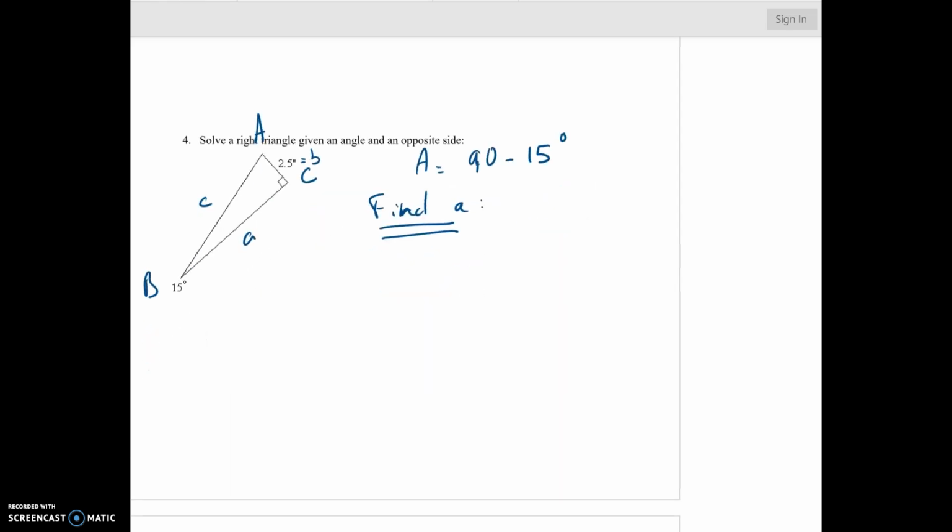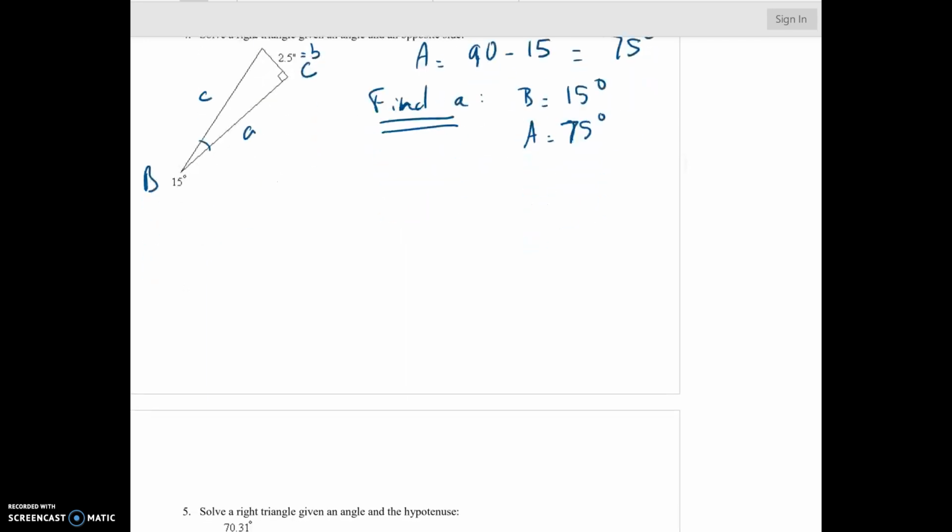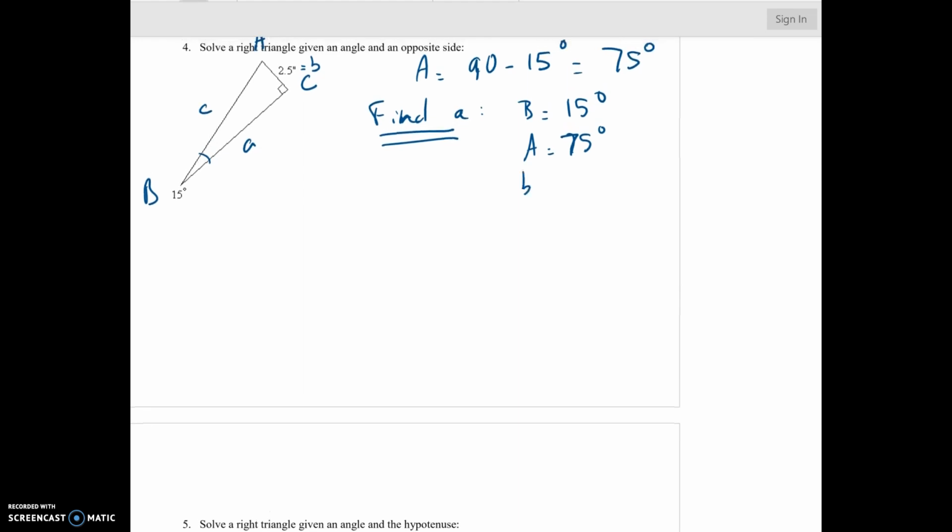I know that the angle B right here equals 15 degrees. I just calculated that A was 75 degrees, just in case I need it. Then I know that the opposite side b equals 2.5 inches.